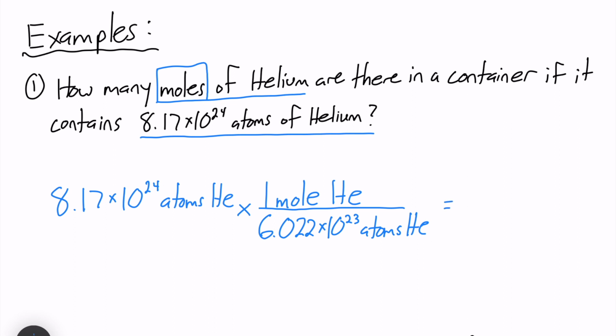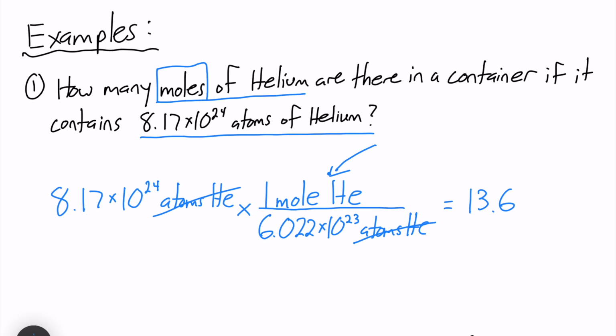Okay. And as you'll notice, our units do cross out. So atoms of helium on the bottom, cross out atoms of helium on our original number. And what we should be left with is moles of helium. Okay, so what you're going to type into your calculator, you're going to go 8.17 times 10 to the 24 divided by 6.022 times 10 to the 23, and you should get a number of 13.6 with significant figures.